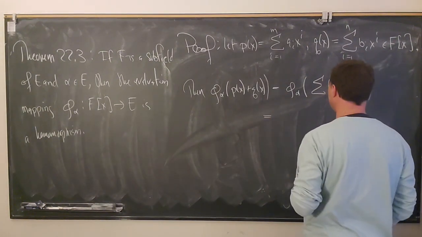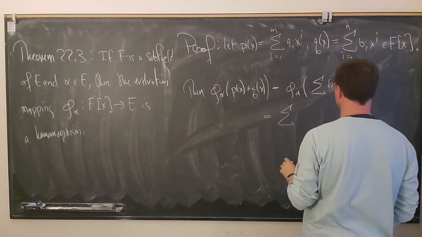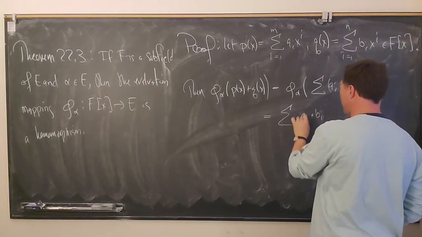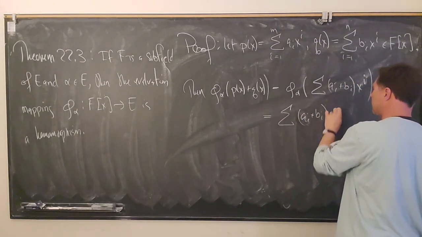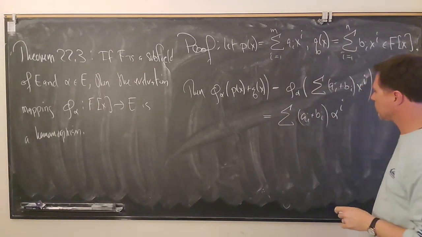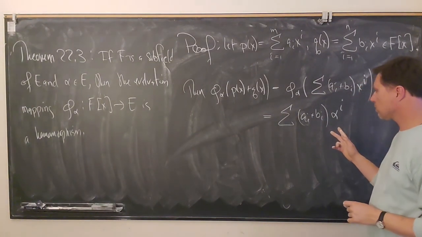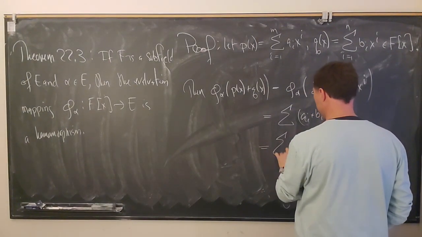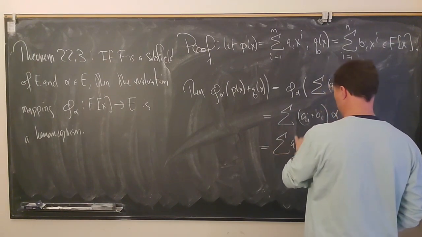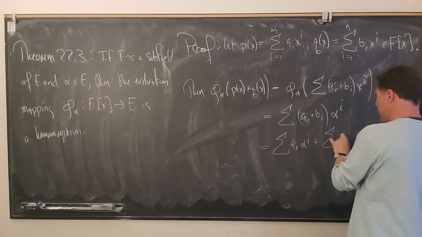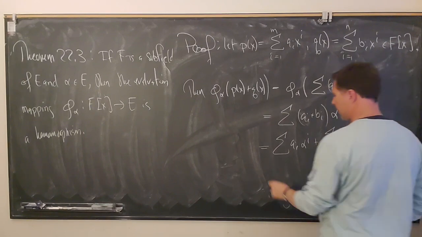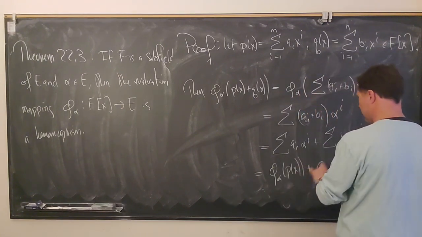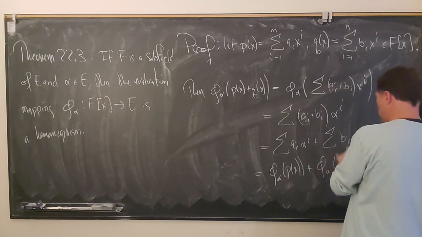Now when we plug alpha in, doing our evaluation, we get sum (a_i plus b_i) times alpha raised to the i. And now this is happening inside E. The distributive property holds, and so this is equal to sum a_i alpha^i plus sum b_i alpha^i. And that's exactly the evaluation of p of x plus the evaluation of q of x.